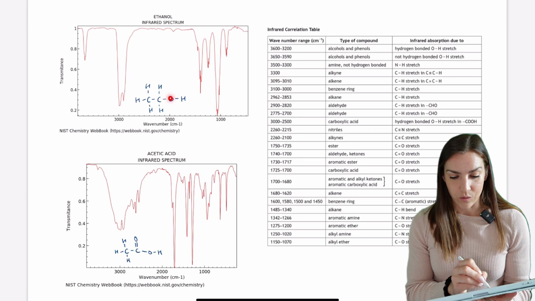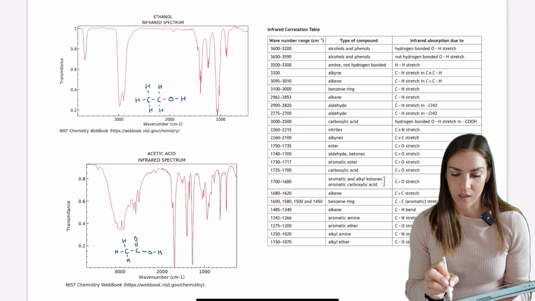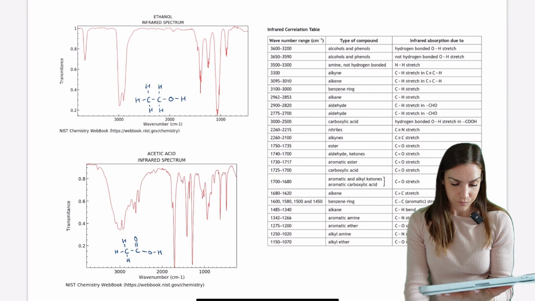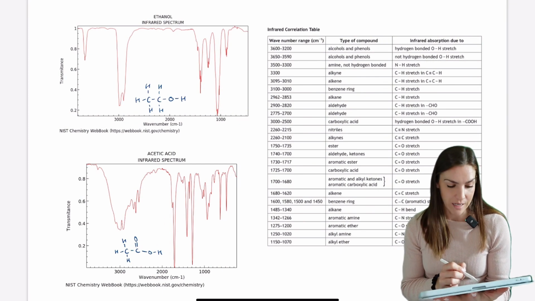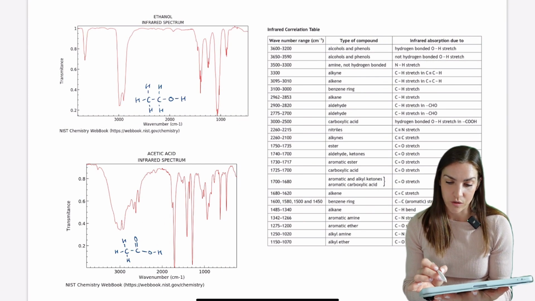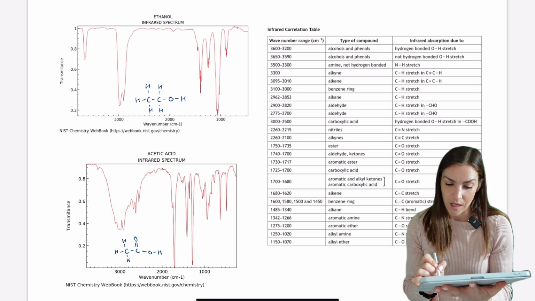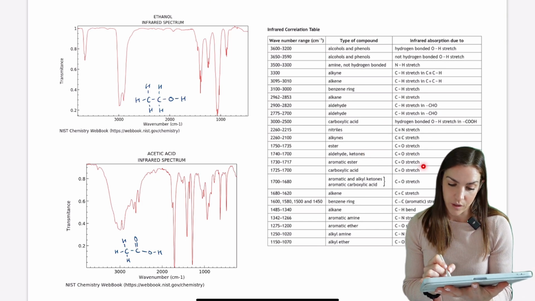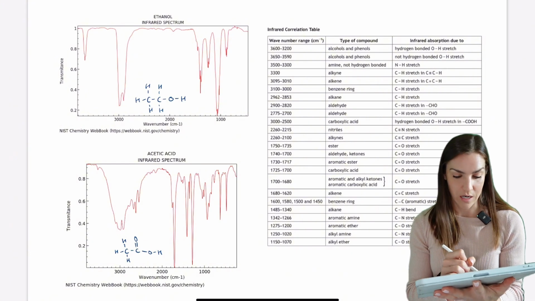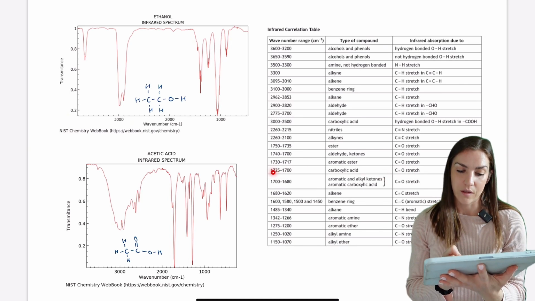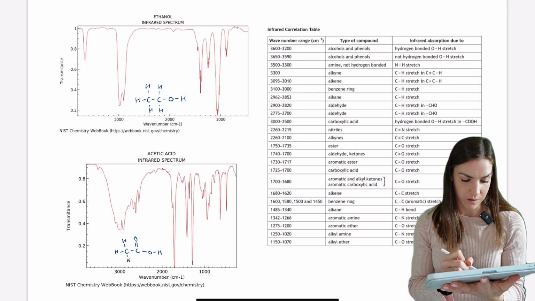For ethanol, the only thing we would be looking for here is the OH stretch, because that's the only functional group really in it. For the ethanoic acid, it's a carboxyl, so as I've said already, we've got that broad OH stretch, but we would also be looking for a C double bond O stretch, and it would be one for a carboxylic acid. If we look down, that should be a peak at 1,725 to 1,700.